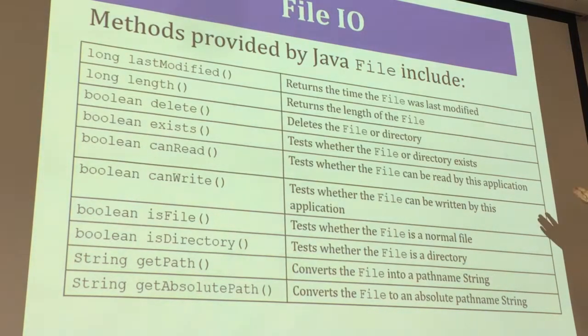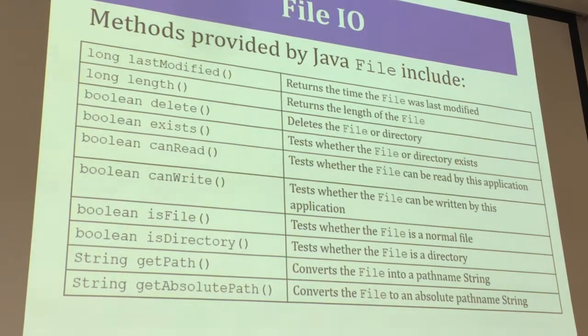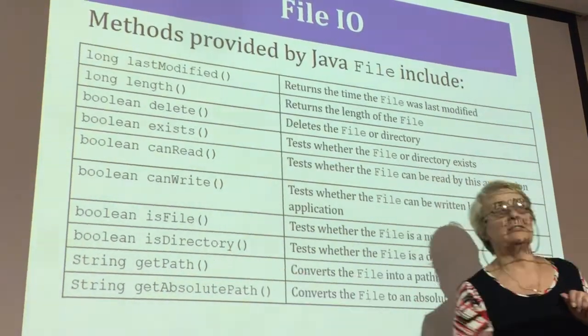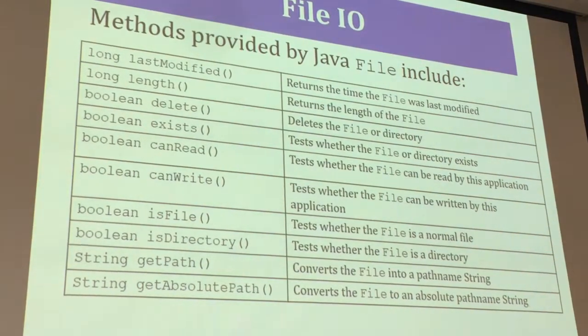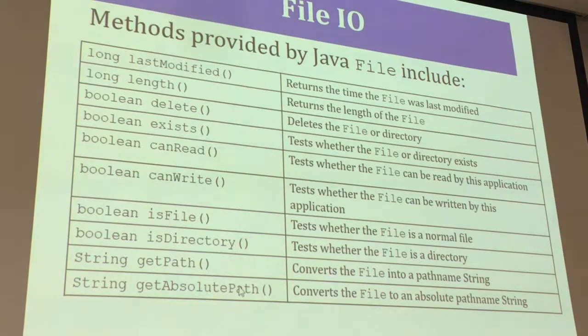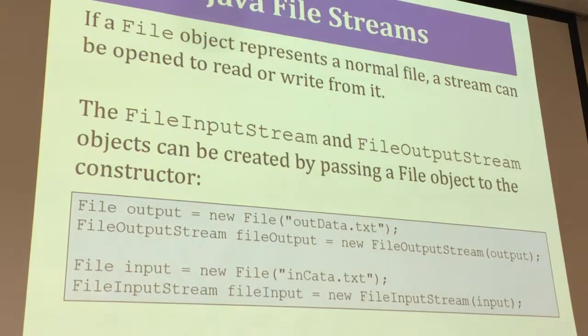Be aware, Java is still used for concurrent programming, so it comes with a lot of facilities which are used in multiple threads working. But in this case, you can check whether it is a normal file or not a file, a folder. So you have checks. And then how to work with the path for your files or directory.